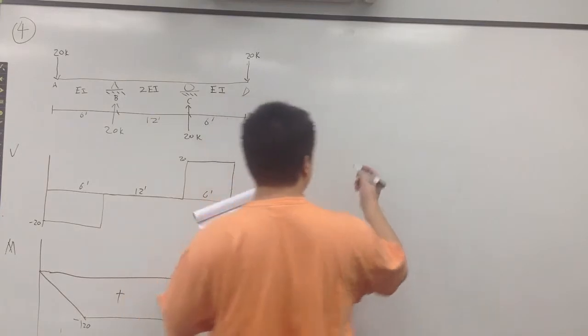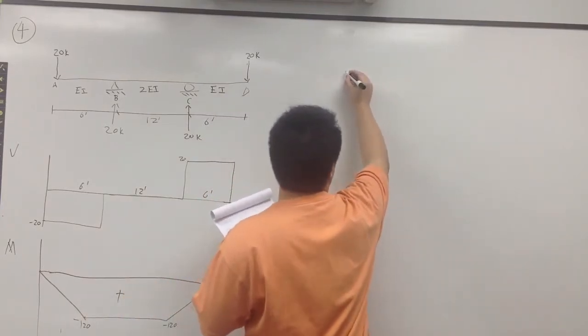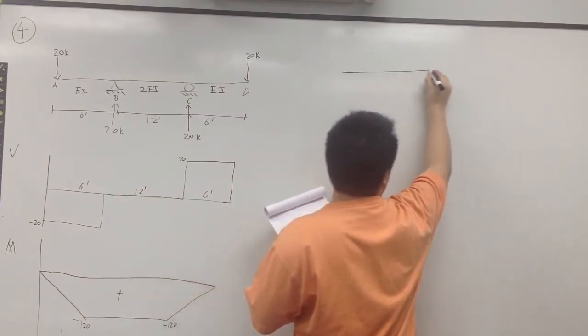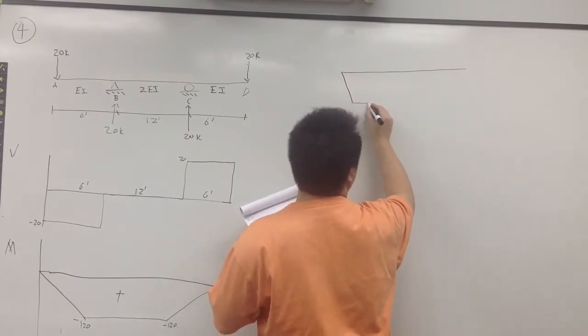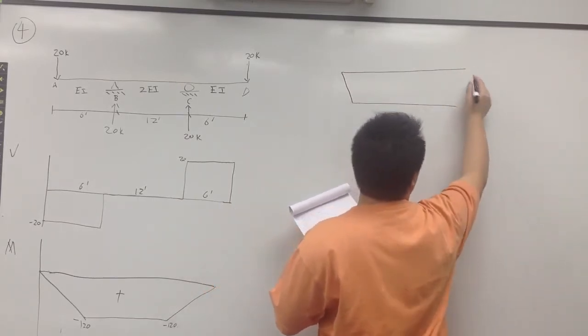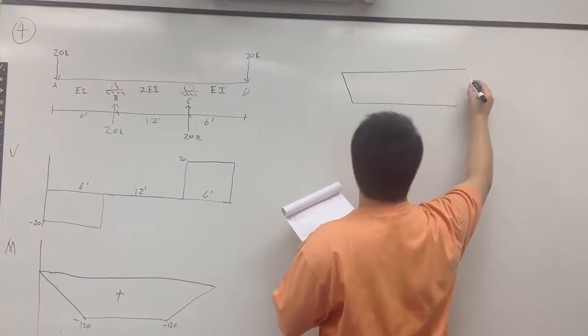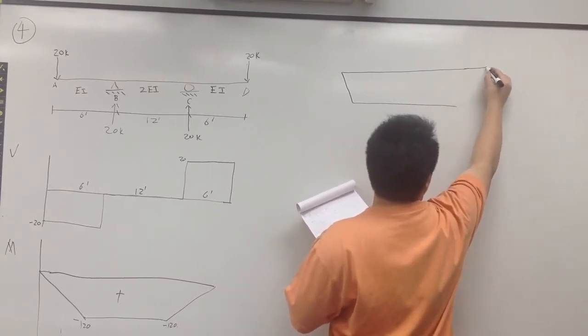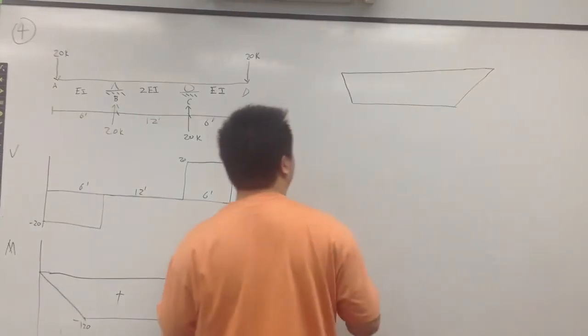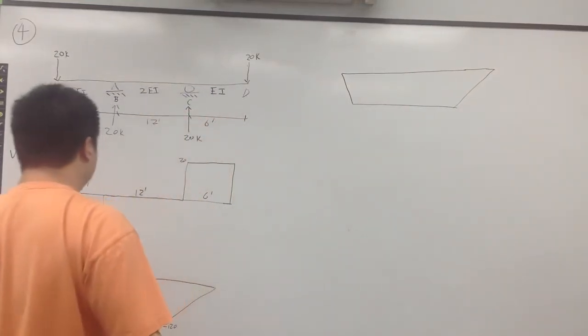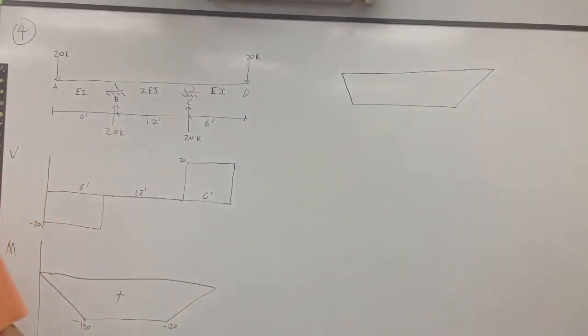No, just not all the way to the right, that's all. Something like that. So now, conjugate method. Why did you put a positive sign? Isn't that negative, on the moment? Oh.